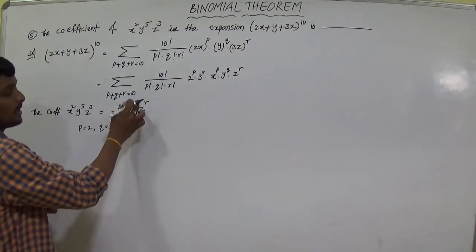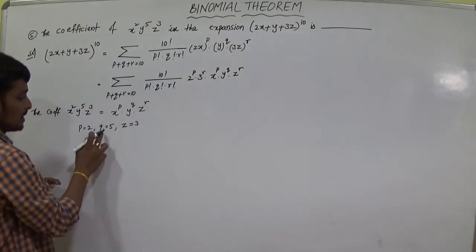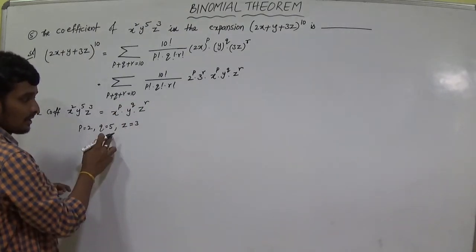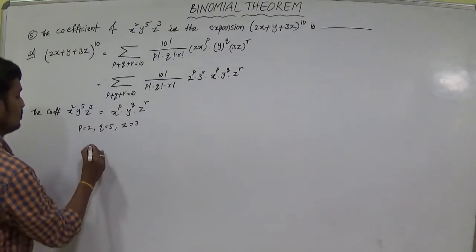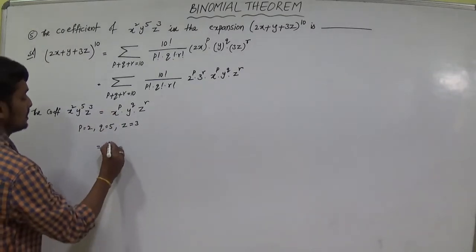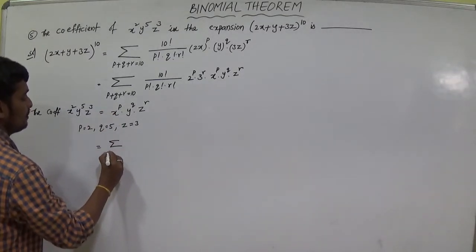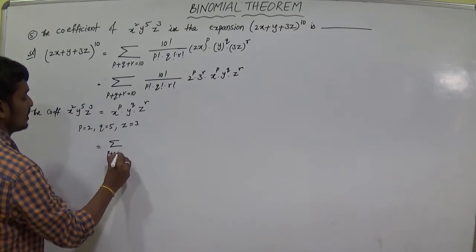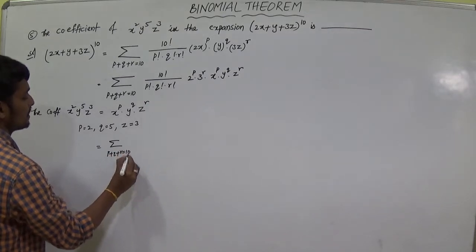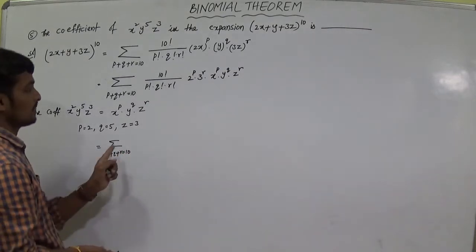If you add these 3, will you get 10 or not? 2 plus 5, 7, 7 plus 3, 10. So now I am substituting the values here. Sigma P plus Q plus R is equal to 10. That means 2 plus 5 plus 3 is equal to 10.